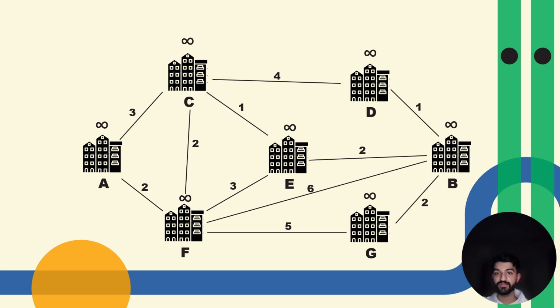We are starting there, so it takes 0 minutes to get to this town. Once we have found the shortest path to a town, let's call that town explored. For all other towns, we'll consider them unexplored. We don't yet know what the shortest path to them is.